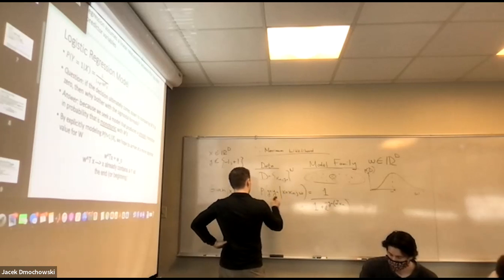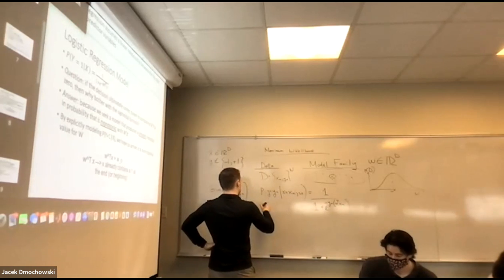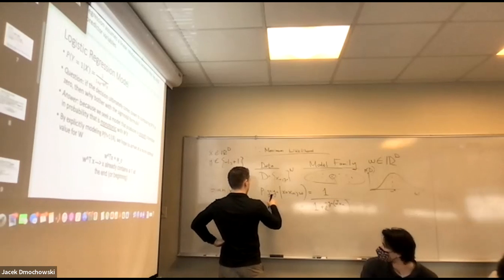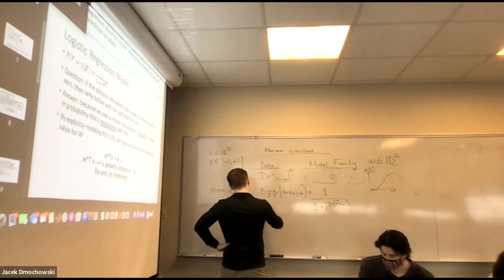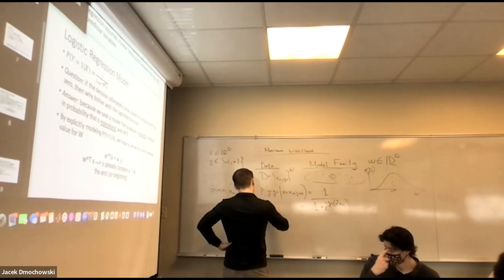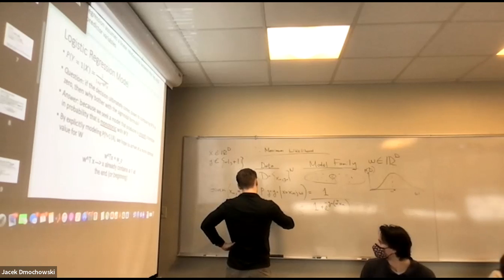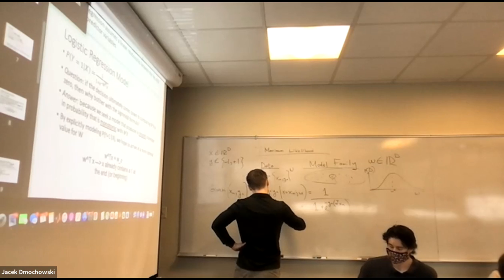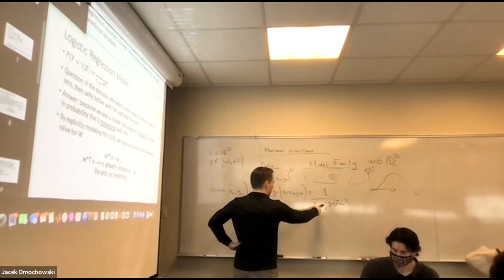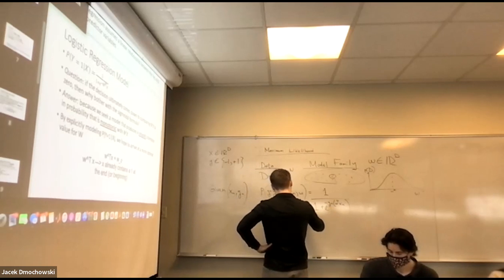Take the case where yn is a malignant example. The probability that y is equal to 1, given that sample, is just going to be this, but this is going to be minus.